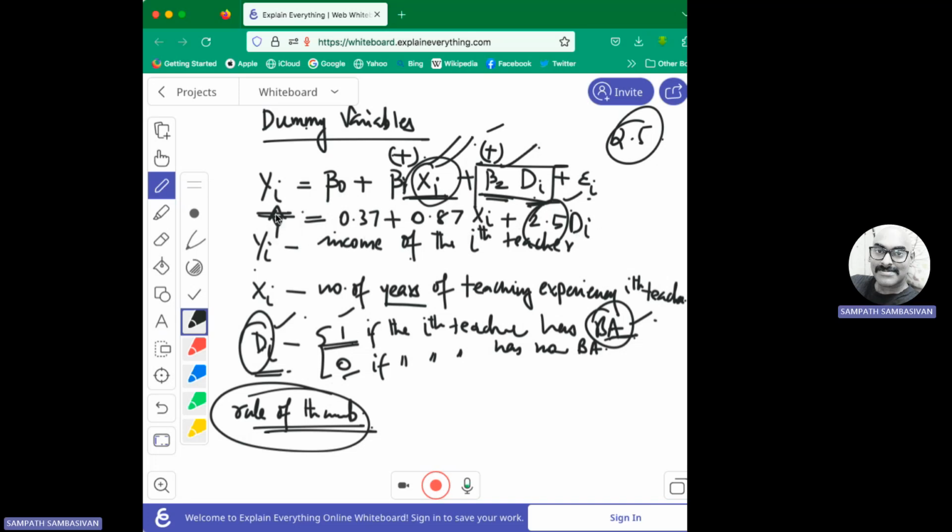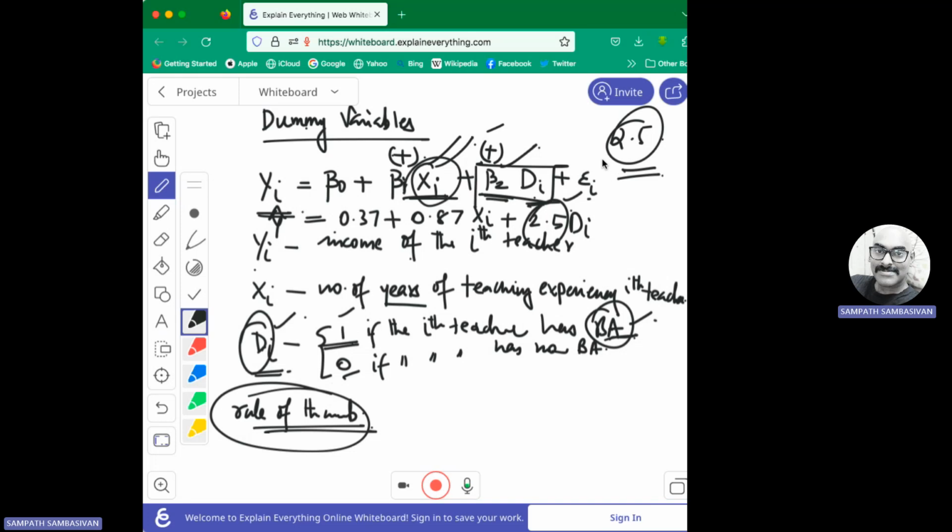Once the model is estimated, these are the values that you get. Y hat is equal to 0.37, so beta 0 takes the value of 0.37. Beta 1 takes the value plus 0.87 xi, and beta 2 takes the value of 2.5. Here, what does this 2.5 mean?